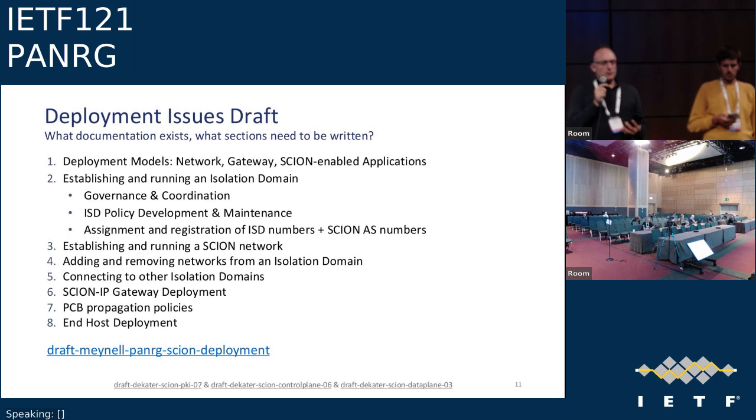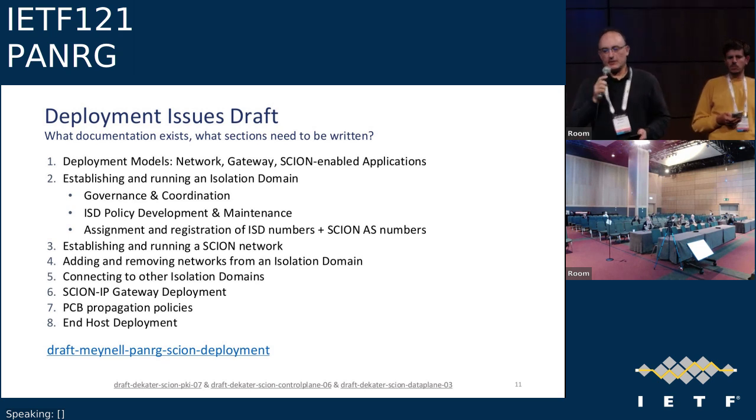We have done quite a lot of work around how you establish and run an isolation domain. We have the experience of the Secure Swiss Financial Network to fall back on. So I think this is really a best practice implementation guide we're talking about here.